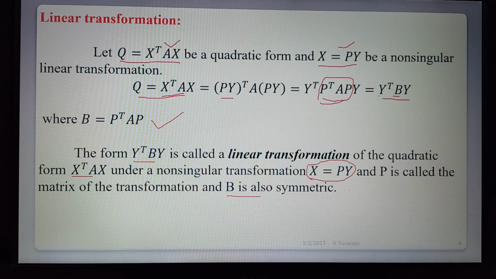Here this is a quadratic form, both are same, but the variable is changing, the form is the same. ఇక్కడ B is a symmetric, ఇక్కడ A is a symmetric, both are same. Okay, this is a definition of linear transformation.